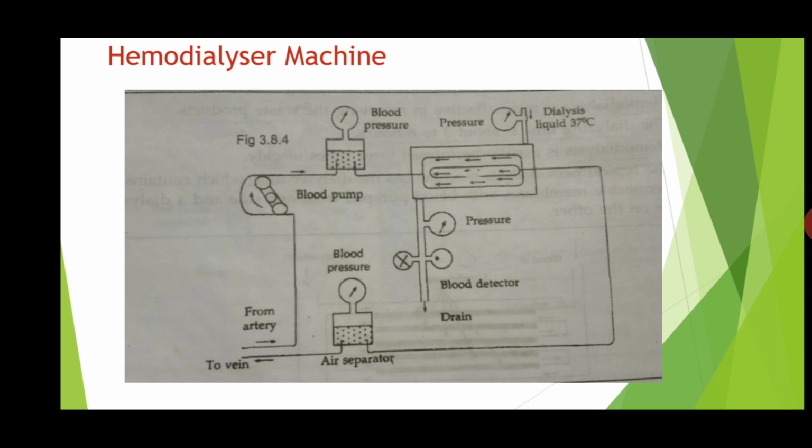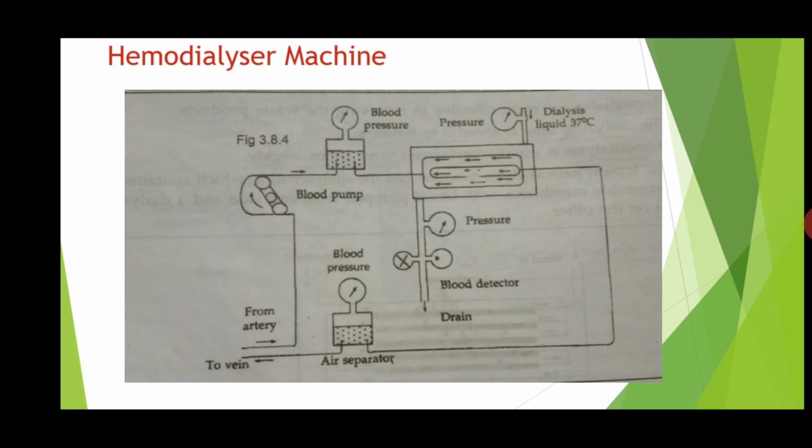In this membrane sheet, alternately blood is flowing and alternately electrolyte dialysis liquid is present. So the unwanted extra impurity in the blood is diluted in the electrolyte solution. Here they are maintaining the temperature at 37 degrees Celsius. The electrolyte solution given to the membrane is maintained at a constant temperature.